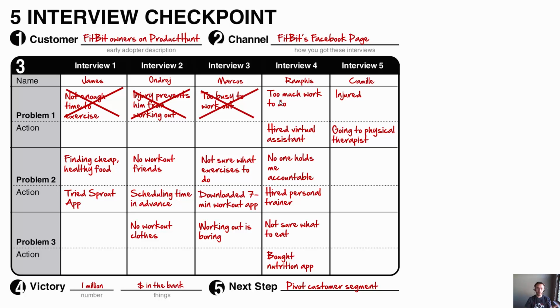Andre's first problem, Marcos's first problem, Andre's third problem, and Marcos's third problem. So these are all problems that I'm not even going to consider because these people aren't actively taking steps to try and solve them. All right, so I'm now left with a list of problems that people are trying to solve, and then we're going to do a little bit of analysis on there.